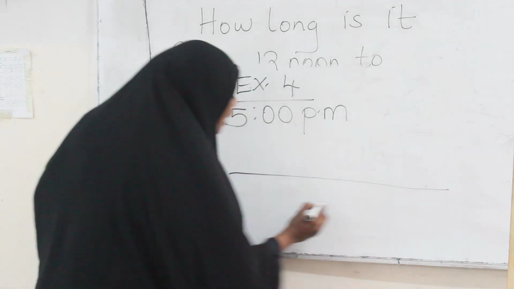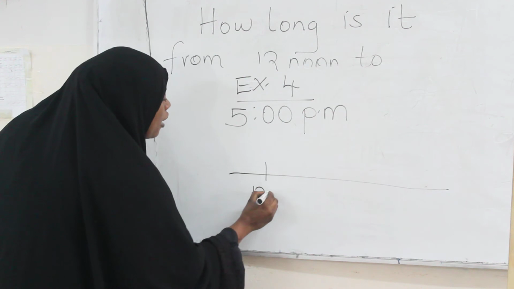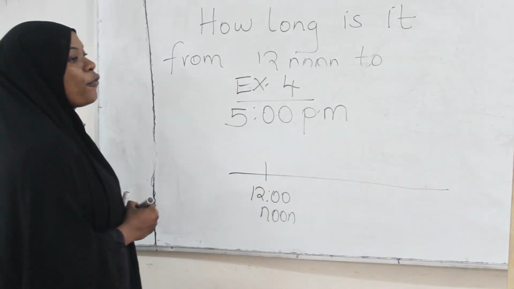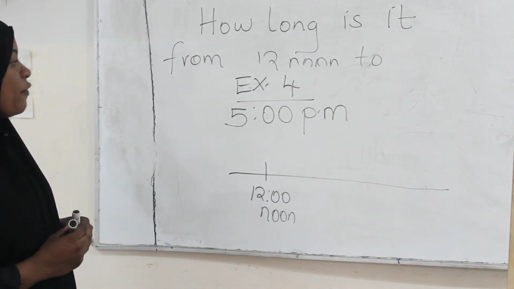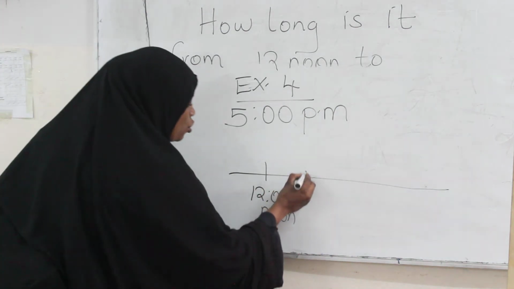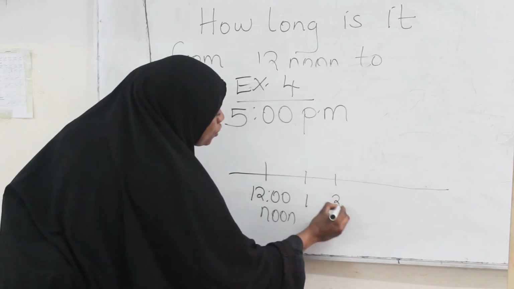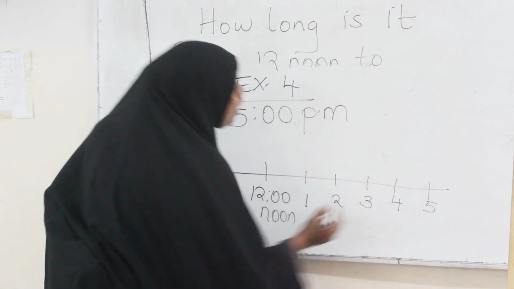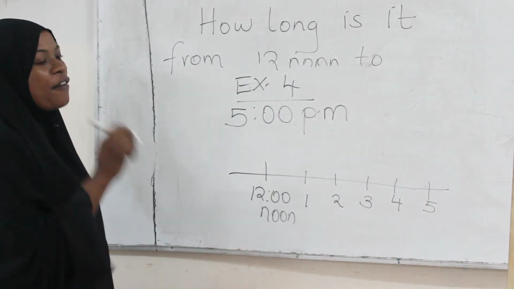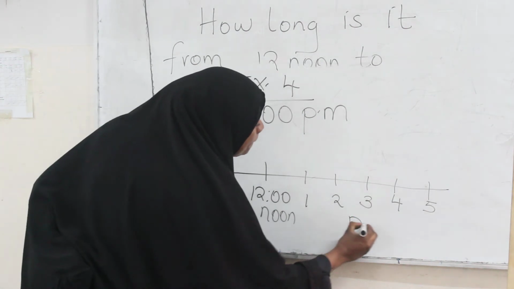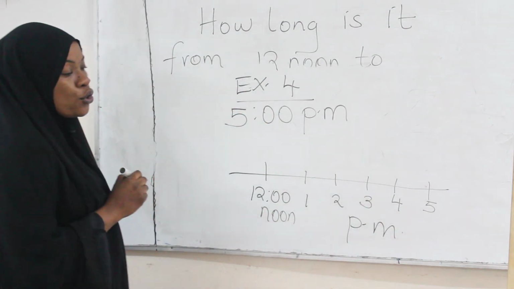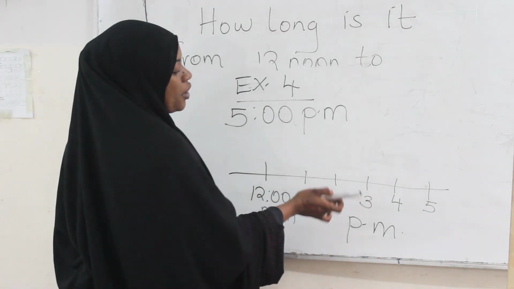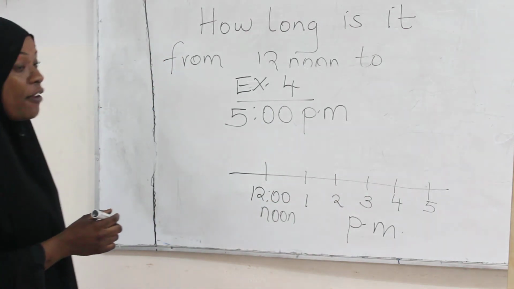Our starting time will be 12 noon. From 12 noon up to 5 p.m. we are going to have 1, 2, 3, 4, 5. The times afternoon, we use p.m. That will be 1 p.m., 2 p.m., 3 p.m., 4 p.m., and 5 p.m.